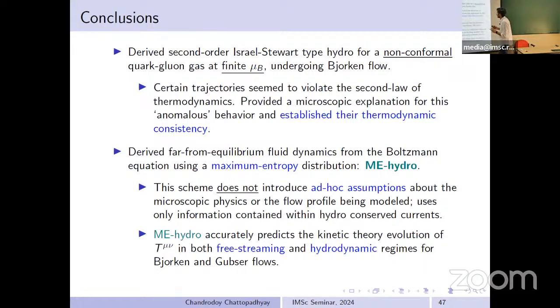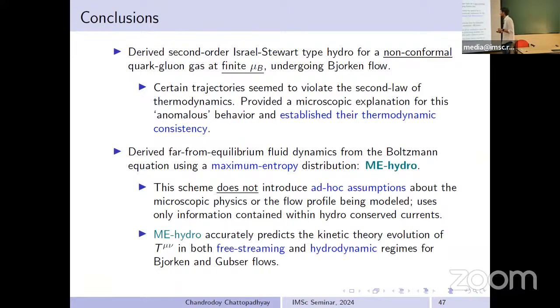So I reach my conclusions: we derived a second order Israel-Stewart type hydro for a very crude model of a non-conformal coagulant gas at finite mu. Certain trajectories seem to violate the second law of thermodynamics; we provided a microscopic explanation for this behavior and established their consistency.